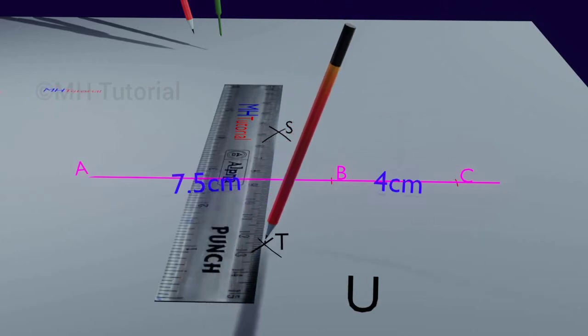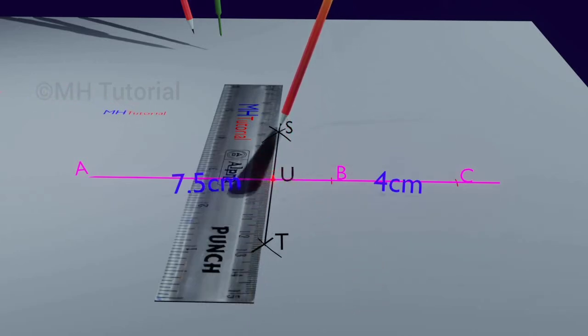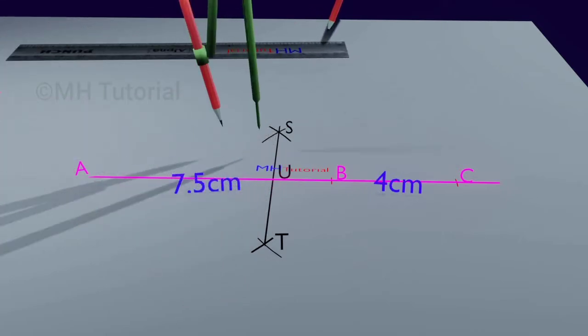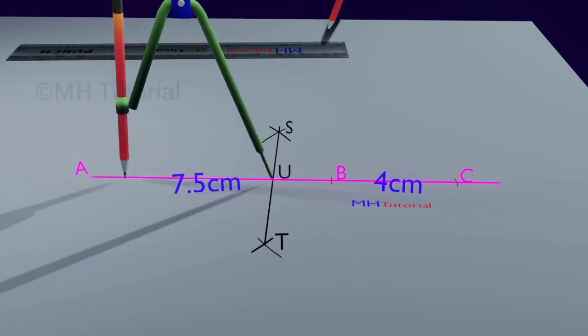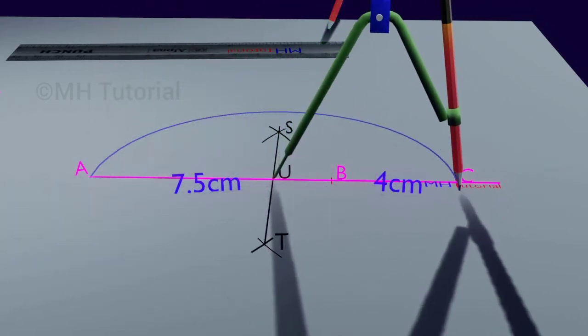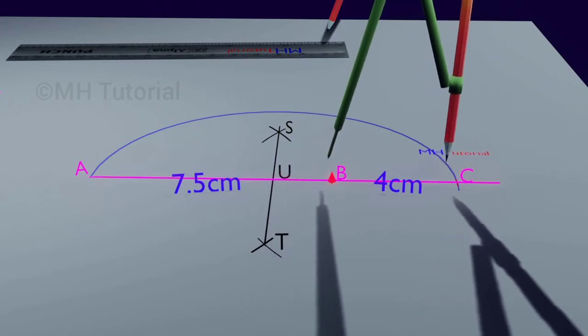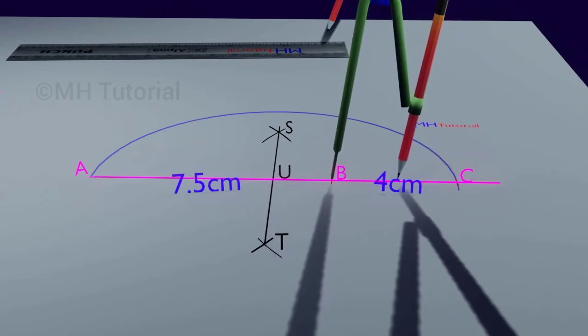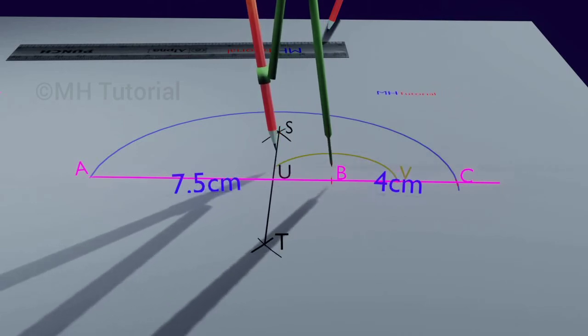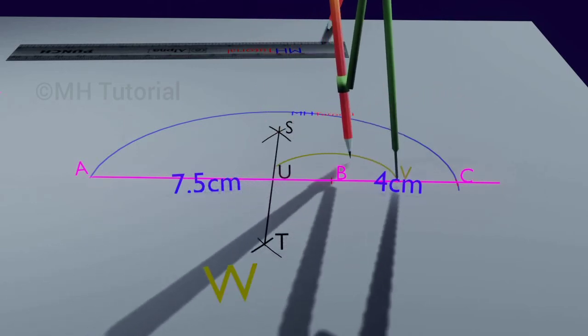Thus we've got the midpoint of AC, which is termed as point U. A semicircle of radius UA is drawn, taking point U as the center of it. Next we will draw a perpendicular at point B. Take notes on the procedure and the steps in the drawing.